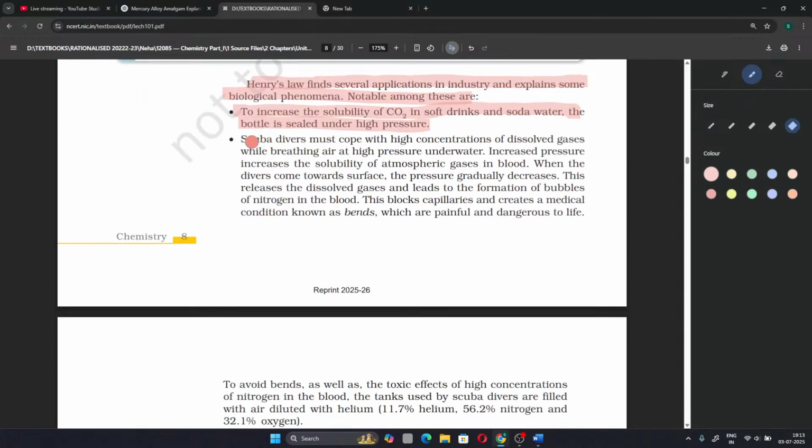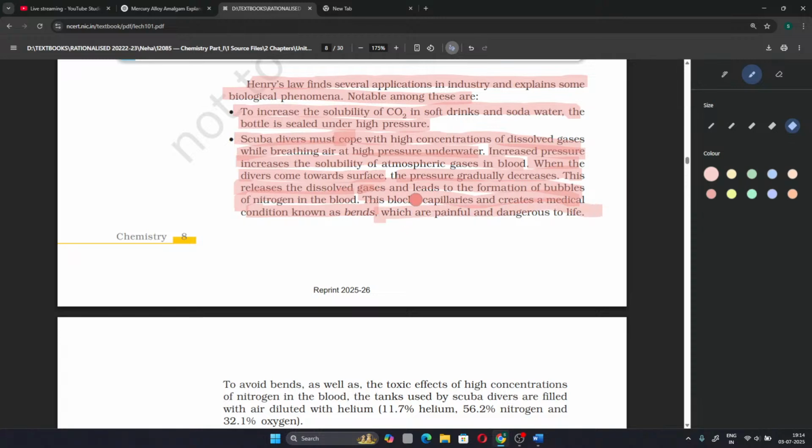And the second biological phenomenon explained is that scuba divers must cope with high concentration of dissolved gases while breathing air at high pressure underwater. Increased pressure increases solubility of atmospheric gases in blood. When the divers come towards the surface, the pressure gradually decreases. This releases dissolved gases and leads to the formation of bubbles of nitrogen in the blood. This blocks capillaries and creates a medical condition known as bends, which is painful and dangerous to life.